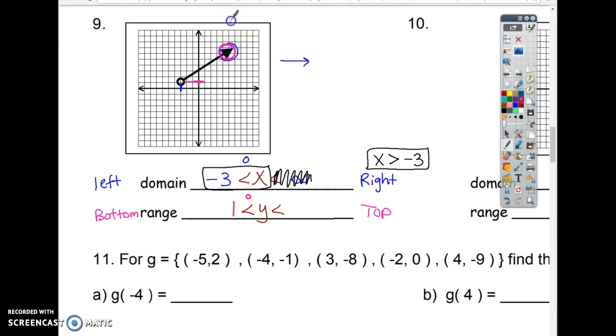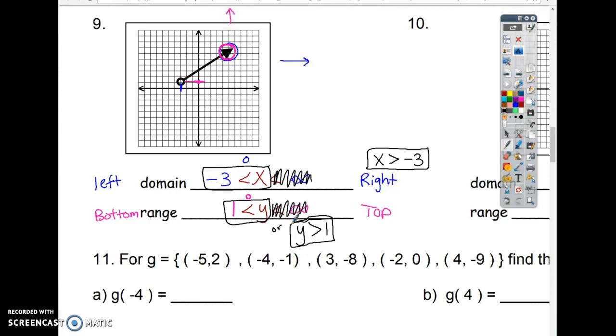This is going to keep going up forever and ever, so that's infinity. Okay? Cross out what you don't need. I don't need this part. I only need this. And if I flip it, it becomes y greater than 1. Okay, so this or this. It doesn't matter. Es lo mismo. Nomás lo volteé.